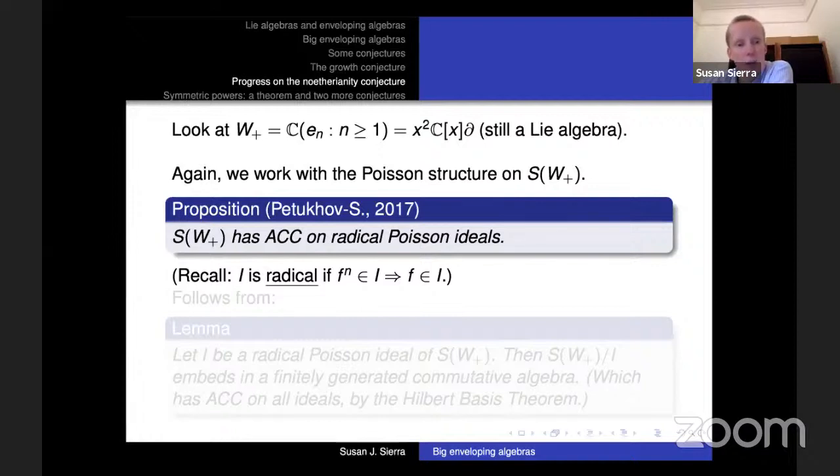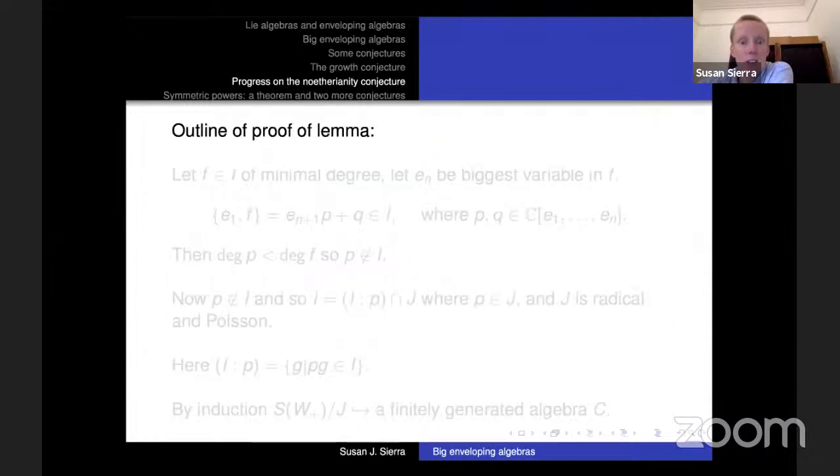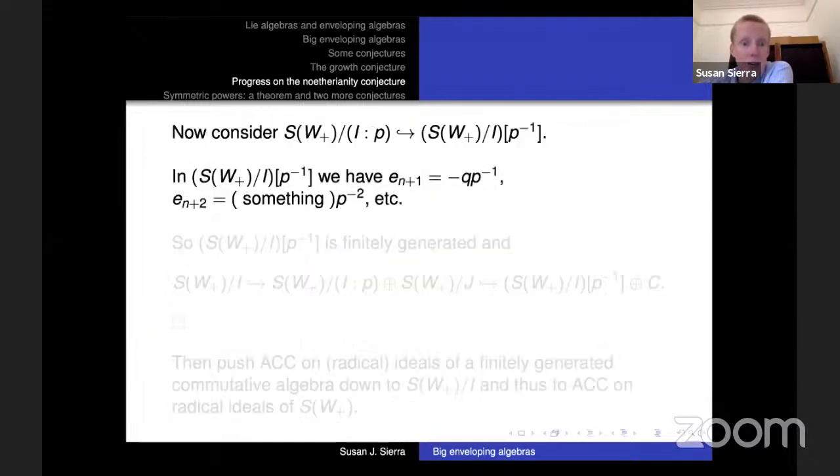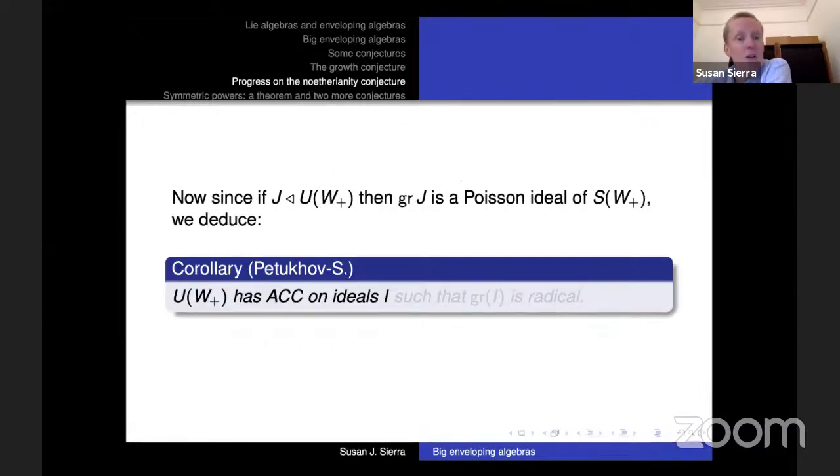We know that S of W plus has ACC on radical Poisson ideals. And what we get from that, it turns out, is that U of W plus has ACC on ideals I such that Gur of I is a radical ideal, which of course is not the Noetherianity conjecture, right?